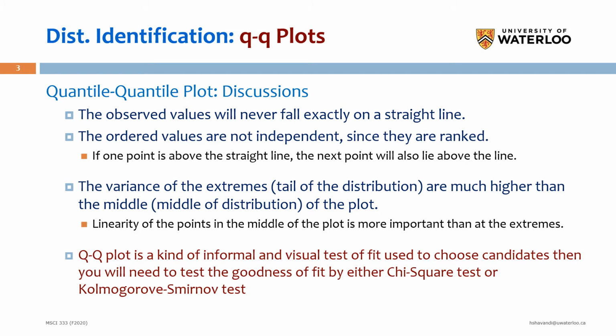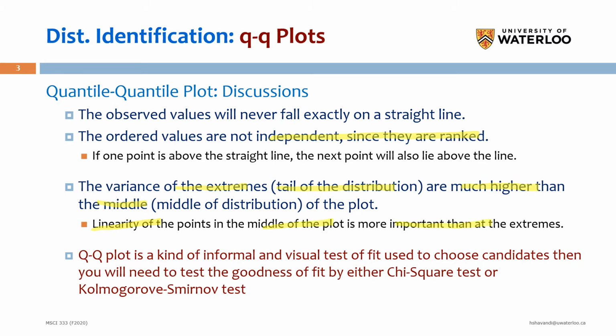The observed values are also not independent, since they are ranked. And the variance of the extremes, the tails of the distribution, is much higher than in the middle. Because of that, the linearity of the points in the middle of the plot is more important than at the extremes.